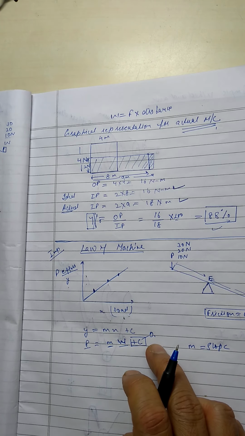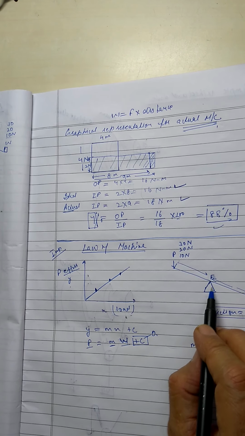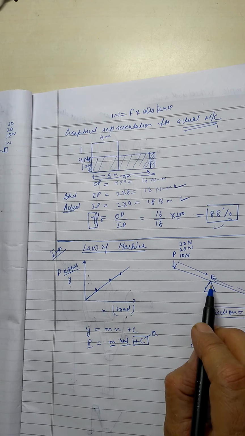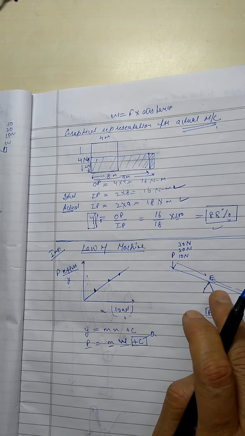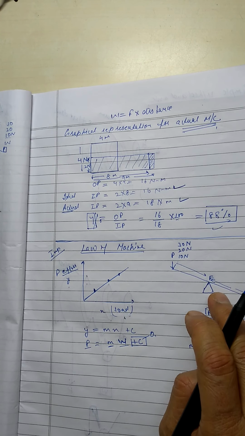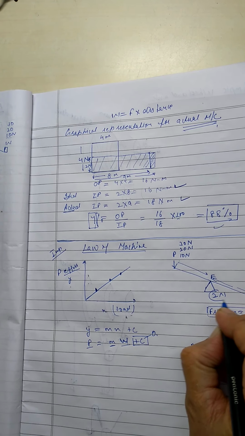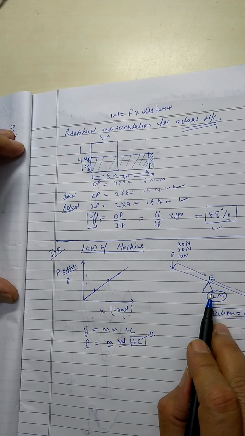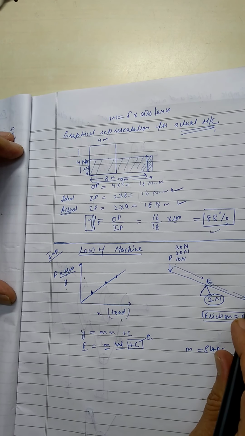Now initially I considered this machine as an ideal machine, but now suppose it is an actual machine. If it is an actual machine, then there will be some friction. Suppose there is a friction of 2 Newton here, and 10 Newton is the weight which has to be lifted.